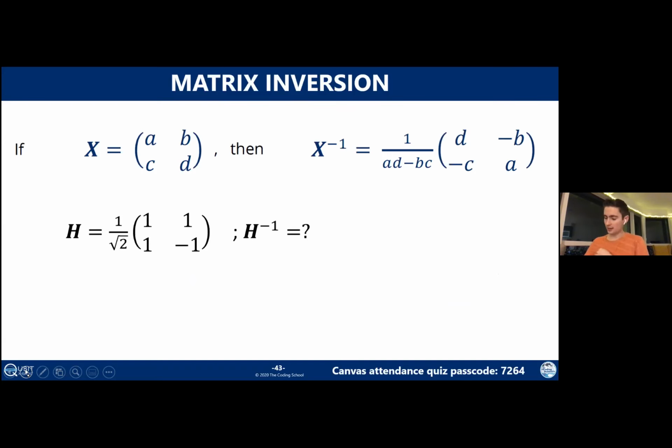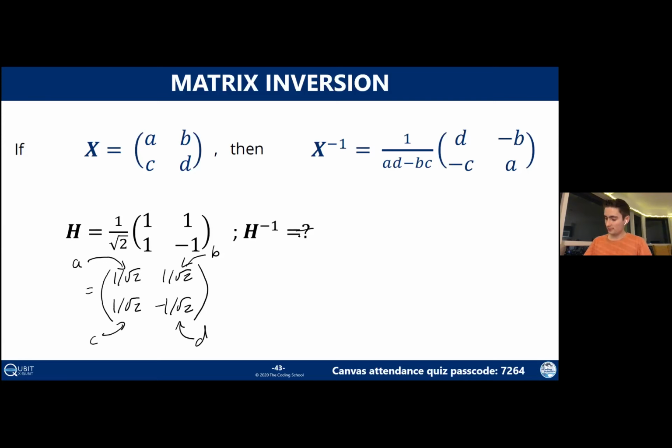So let's go ahead and work it out. Just using the formula here, X is our matrix, and so I'm actually just going to write this with the 1 over root 2 inside. So we have 1 over root 2, 1 over root 2, 1 over root 2, minus 1 over root 2, as usual. And if we look at how X is defined, this thing up here is A, this thing up here is B, this thing down here is C, and our bottom right is D. So now it's just a matter of plugging things into our formula.